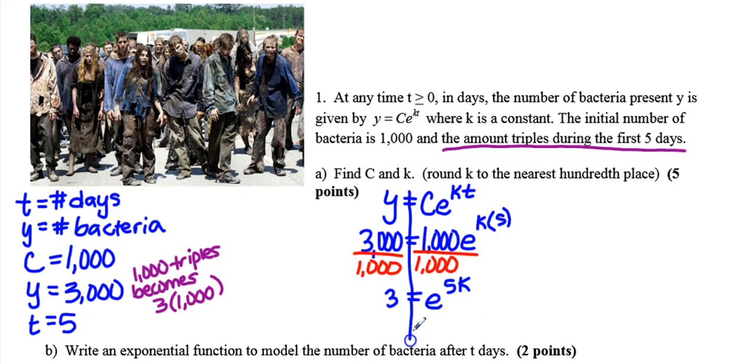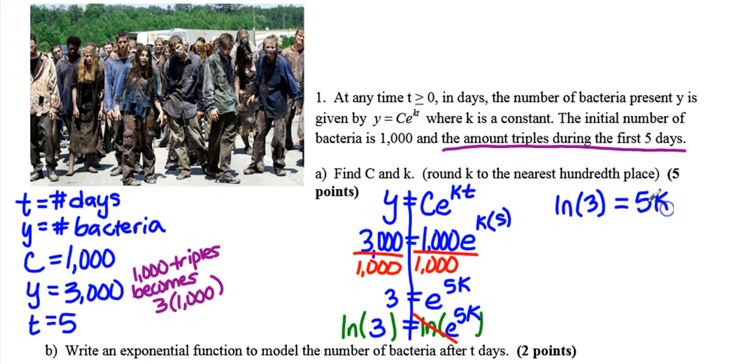Now what are we going to do? Well, next, we'll take natural log of both sides, because natural log is the inverse operation of base e. Natural log and e cancel, and that leaves us with natural log of 3 equals 5k. From here, to finish solving for k, we will divide both sides by 5.